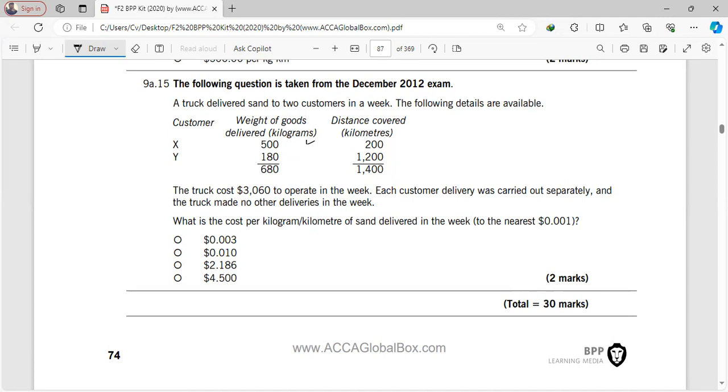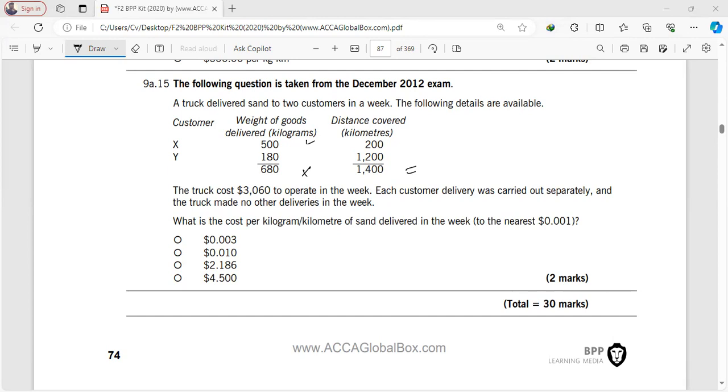What is the cost per kg per kilometer of the sand deliveries in the week? So you should multiply your weight with the distance. You can multiply separately, but the answer will be the same.